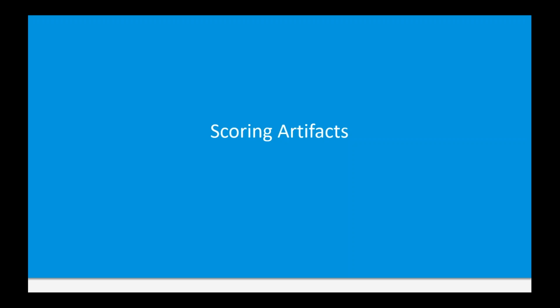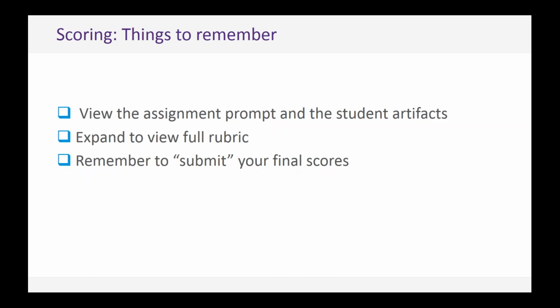With scoring the artifacts themselves, you will be able to view the assignment prompt and the student artifact in the scoring experience. For those of you who were scoring the assignments before, you'll remember that in the scoring screen you were just viewing the actual assignment prompt. Now we'll have access to the assignment prompt, but more prominence is given to the student artifact itself.